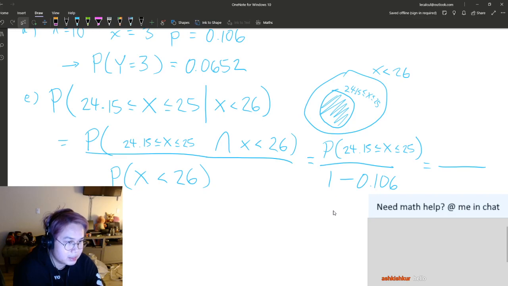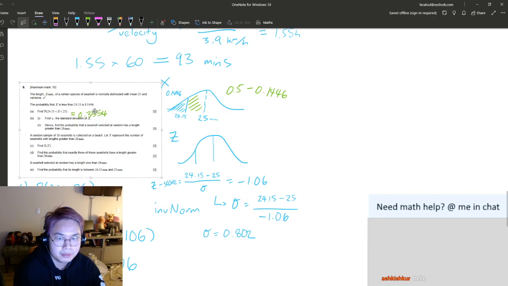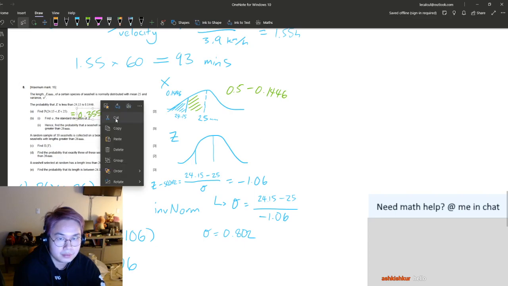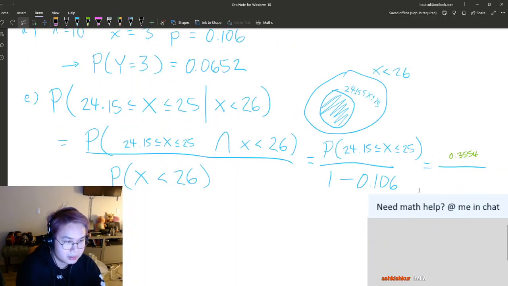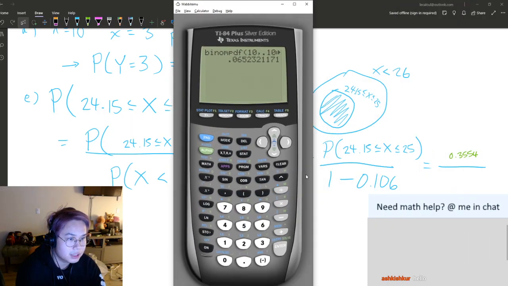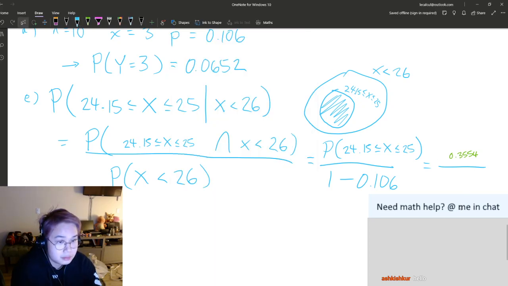And lucky us, we found this out way back in part B or A, part A. So copy, paste, and then of course, whatever this is, let's just put it all into a calculator. 0.3554 divided by 1 subtract 0.106. So here's the probability, 0.398.